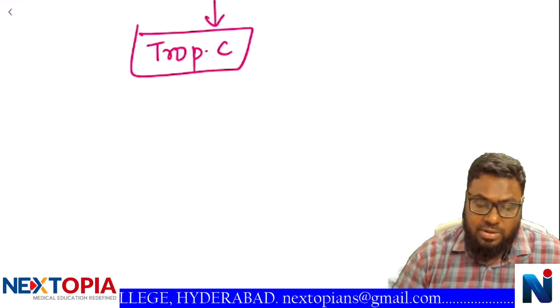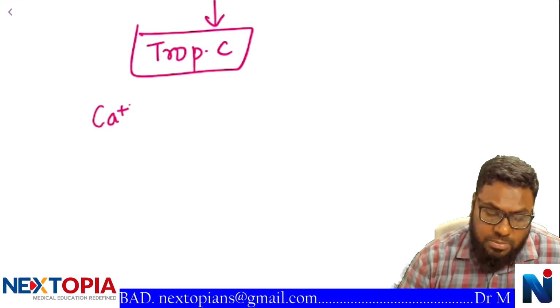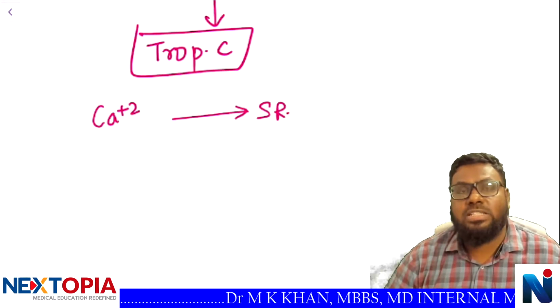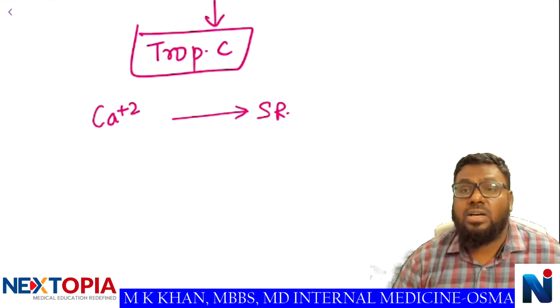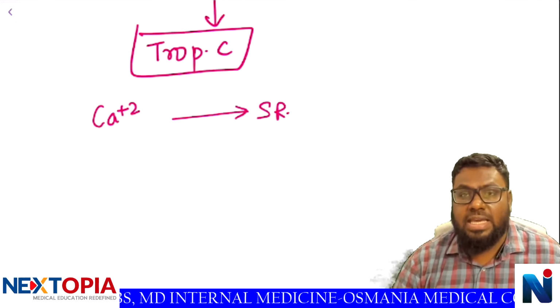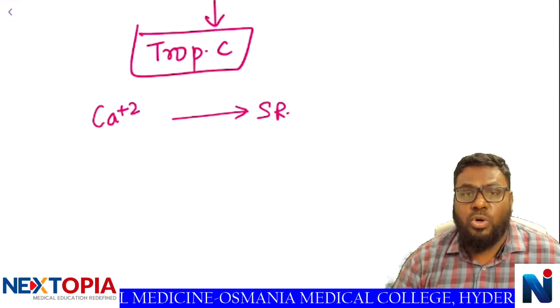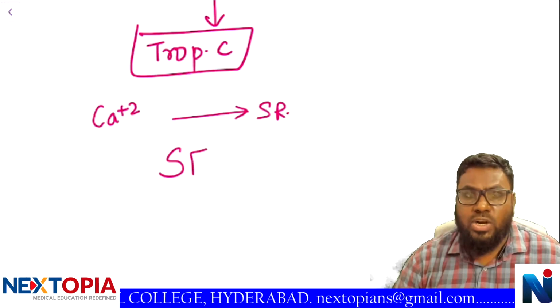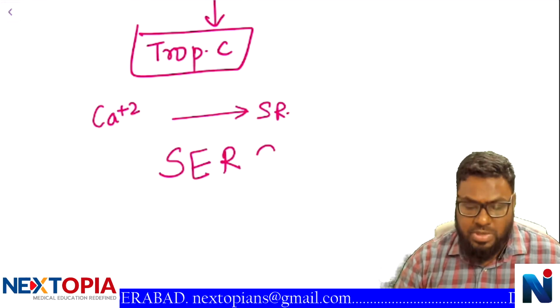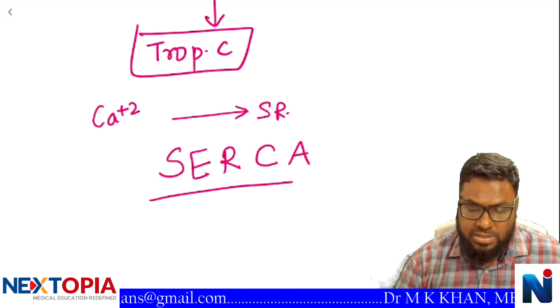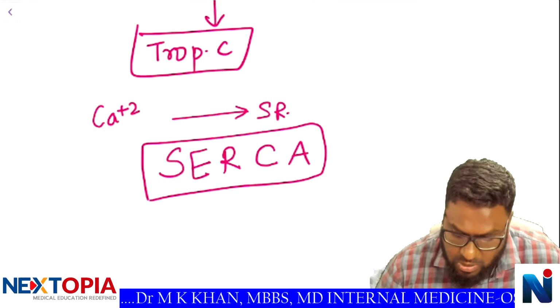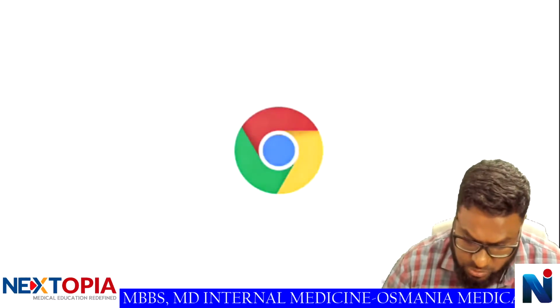From where has calcium come? The calcium should go back to the sarcoplasmic reticulum. How does it go back? By a calcium ATPase protein called the sarcoplasmic endoplasmic reticulum calcium ATPase channel. It's a very, very important point. Let me show you this.